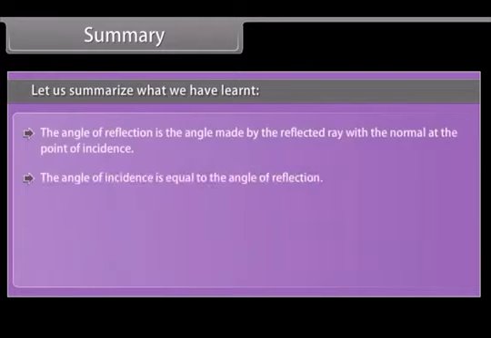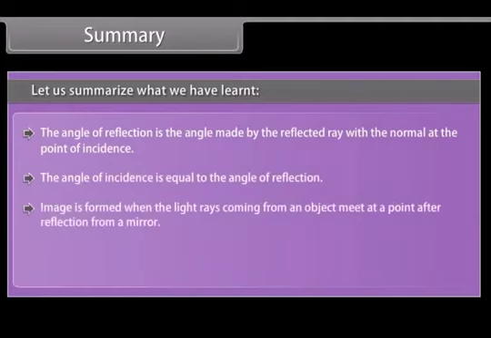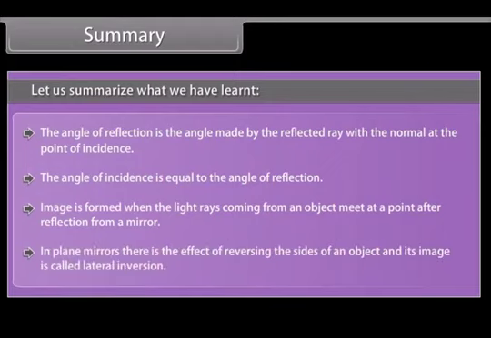The angle of incidence is equal to the angle of reflection. Image is formed when the light rays coming from an object meet at a point after reflection from a mirror. In plane mirrors, there is the effect of reversing the sides of an object and its image is called lateral inversion.